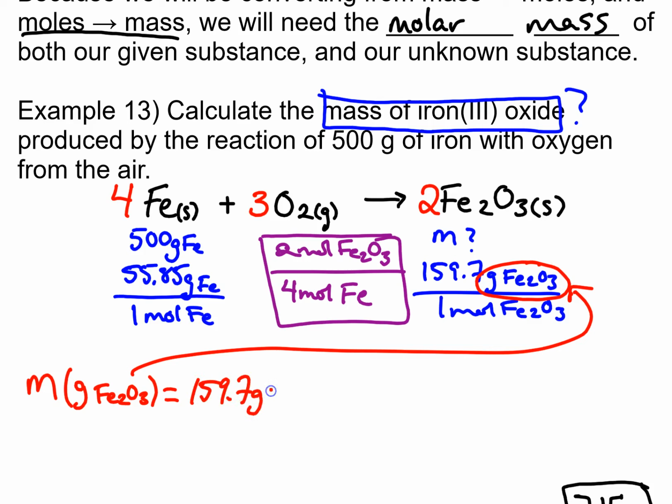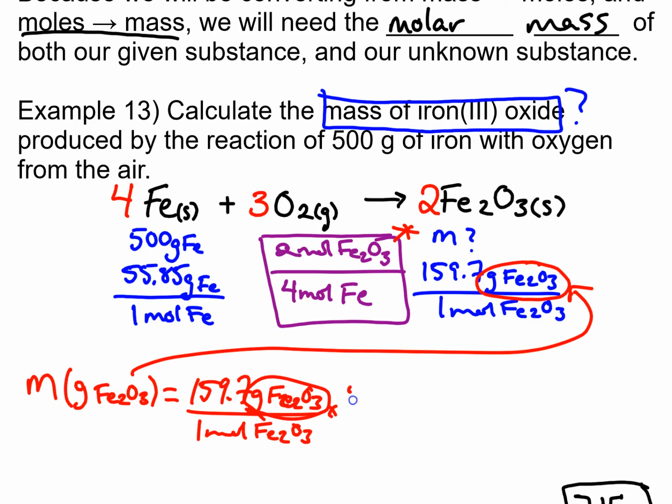159.7 grams of Fe2O3 for every 1 mole of Fe2O3. Now our goal is to finish with this unit and cancel out every other unit. So I have to cancel out moles of iron 3 oxide. What else has moles of iron 3 oxide in it? Well, our molar ratio has moles of iron 3 oxide.